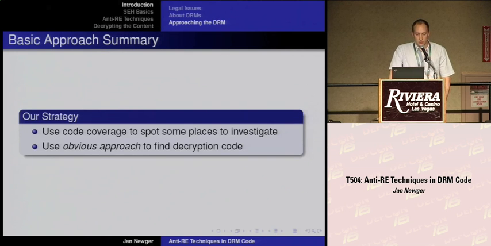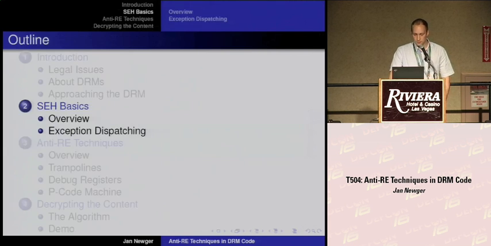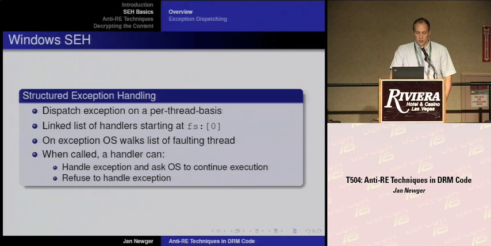Okay, so summing up, our strategy is to use code coverage and apply the debug registers and the hardware breakpoints to find the decryption code. Okay, so exception handling under Windows, namely SEH, works on a per thread basis.